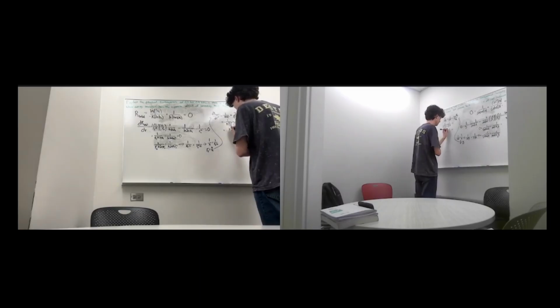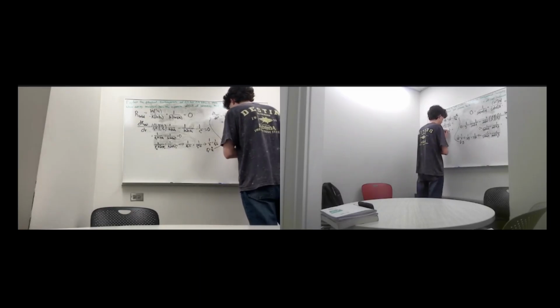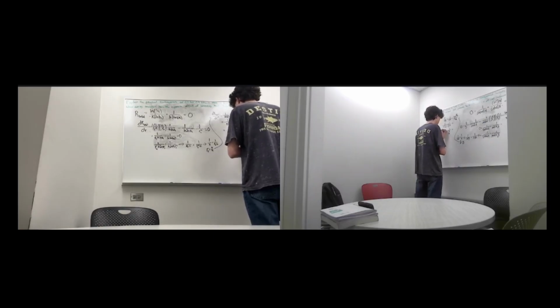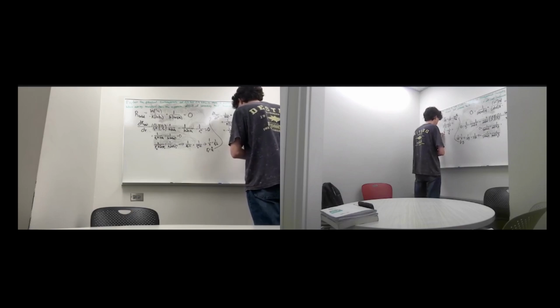So this becomes negative 1 over k to the third h squared, and then plus 2 over k to the third h squared.